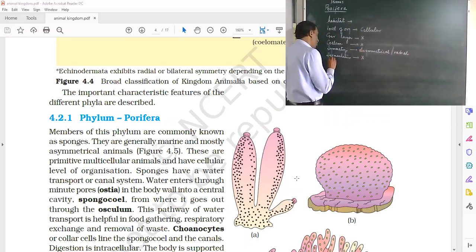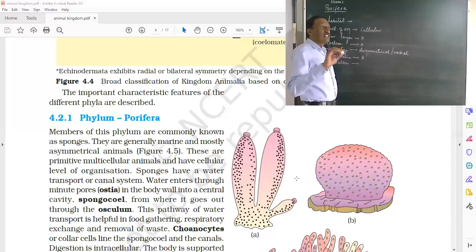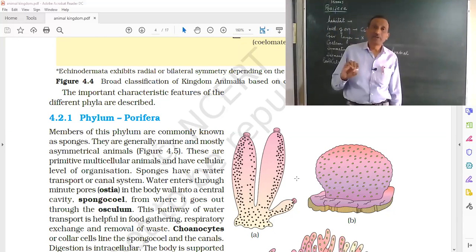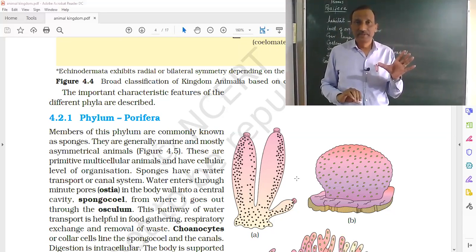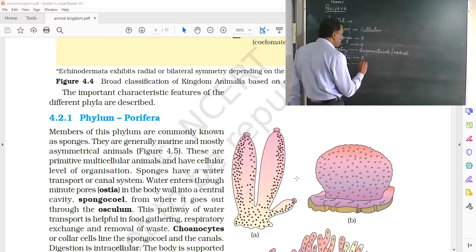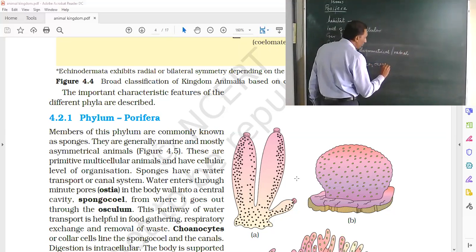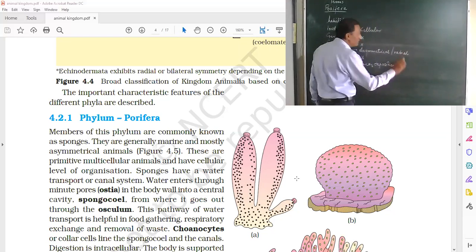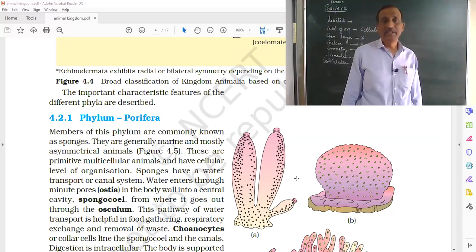Not found. Next is exoskeleton. Their exoskeleton has a special deposition of calcium carbonate, CaCO3, on their external surface, which gives them a rigid structure, hardness and toughness.